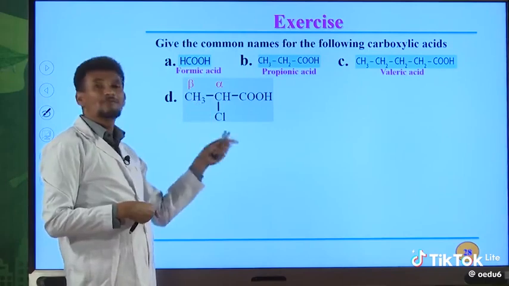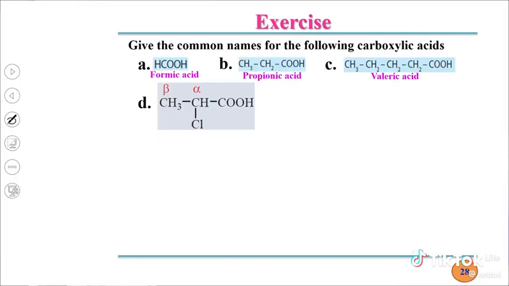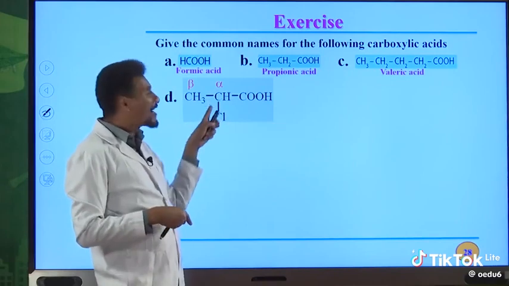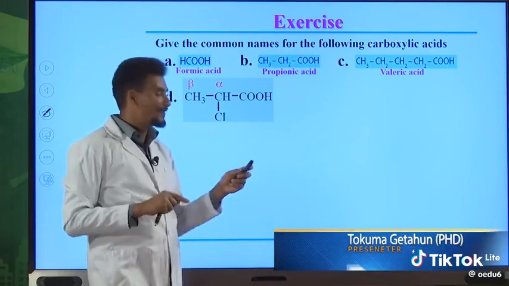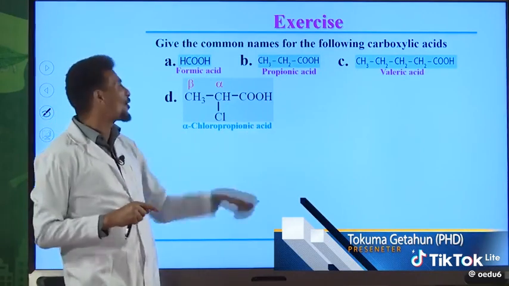Therefore, the substituent must be indicated by this Greek letter. So we have chloro on alpha position, alpha chloro, and the common name of the carboxylic acid that contains 3 carbon atoms is propionic acid. Therefore, alpha chloropropionic acid is the common name for this carboxylic acid.